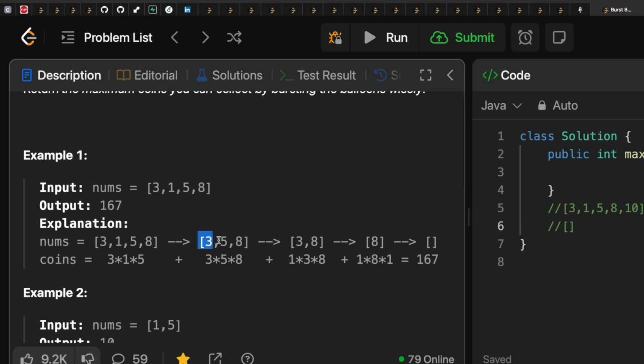So now we have these 3 balloons left, means we haven't busted these 3 balloons yet, but we have busted the balloon 1. That's why that balloon is not present here. So for 1, the left will be 3 and right will be 5, because they are not busted.